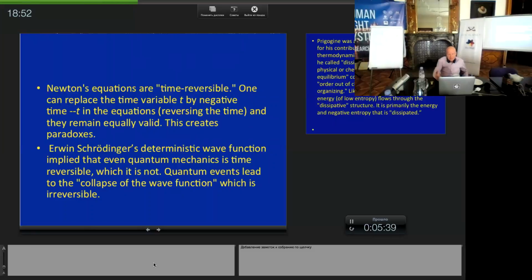And it's interesting that Newtonian equations are time reversible. So in all those equations, you can replace time with minus time and it will be the same. So it created a lot of paradoxes. And Erwin Schrödinger, in his equation, again, time is reversible.